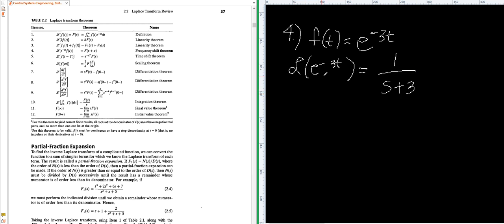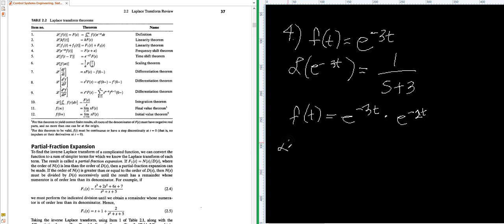If you have this example, f(t) is equal to e to the negative 3t, now multiplied by e to the negative 2t.